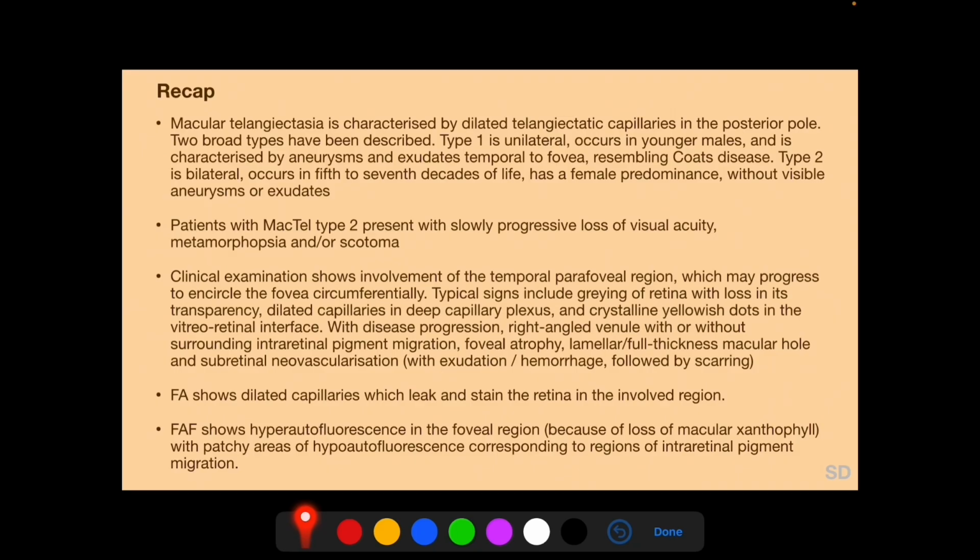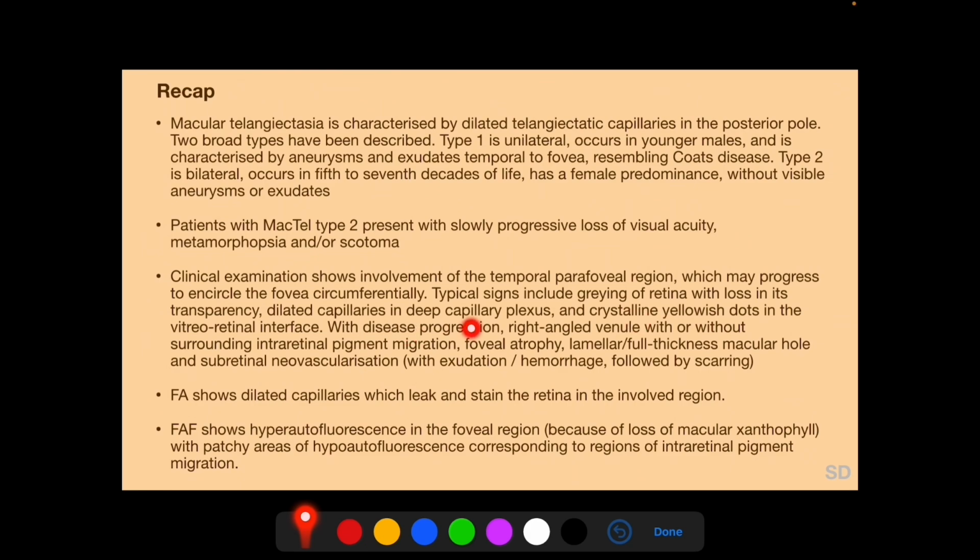Patients with MacTel type 2 present with slowly progressive loss of visual acuity, metamorphopsia, and/or scotoma. Clinical examination shows involvement of the temporal parafoveal region, which may progress to encircle the fovea circumferentially. Typical signs include graying of the retina with loss in its transparency, dilated capillaries in the deep capillary plexus, and crystalline yellowish dots in the vitreoretinal interface.